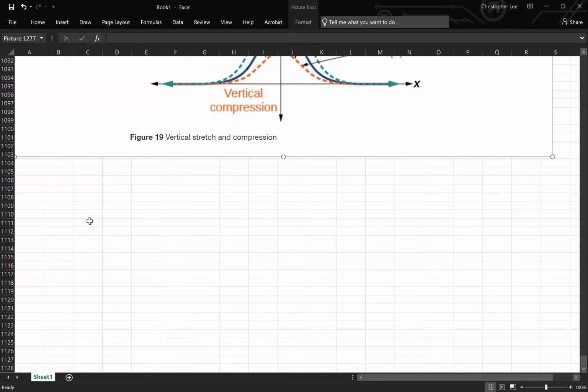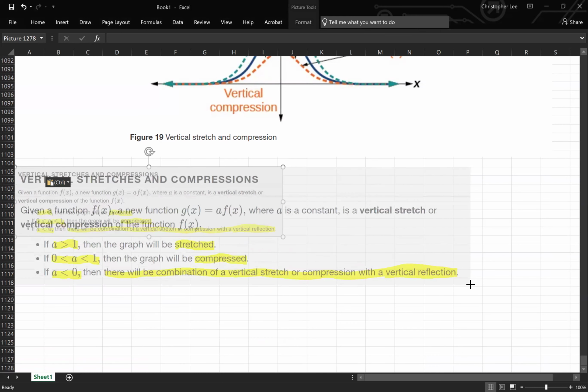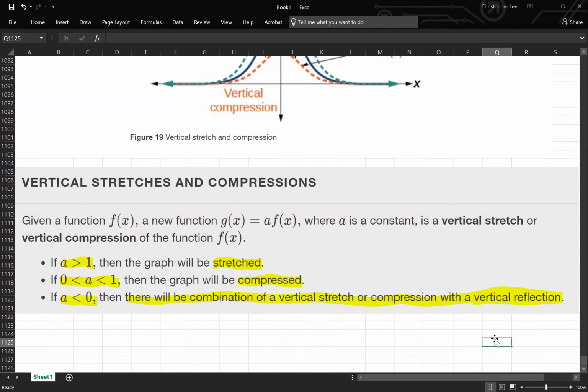Let me give y'all a little definition real quick before we jump into anything else. Vertical stretches and compressions: given a function f of x, a new function g of x equals a times f of x, where a is a constant. It is a vertical stretch or vertical compression of the function f of x.